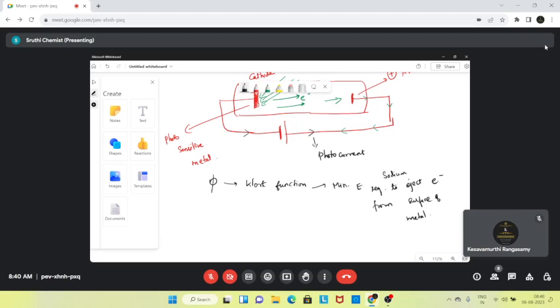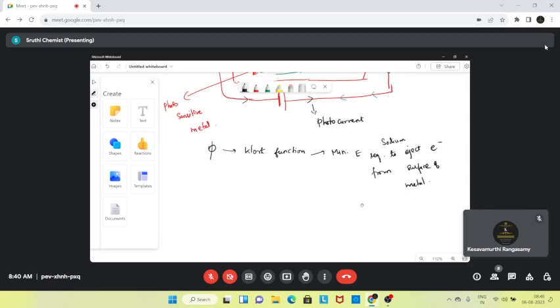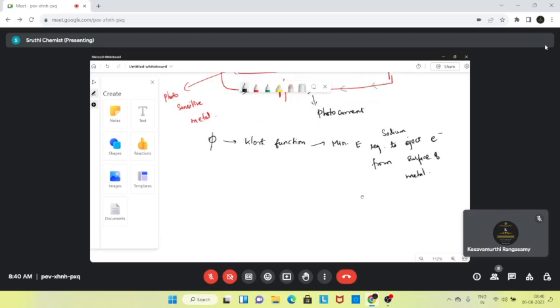As we said, for example, sodium metal will eject the electron at 20 kilojoule. You are giving 15 kilojoules of photons. Will the sodium eject an electron now? No, ma'am. Of course not, because 20 kilojoule is needed, so 15 kilojoule is not enough to eject the electrons.